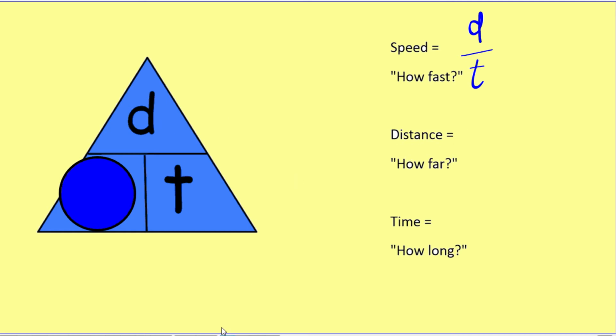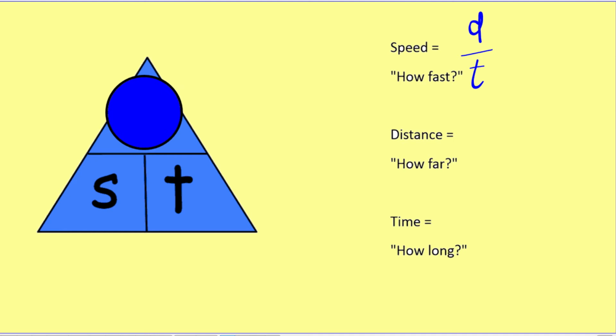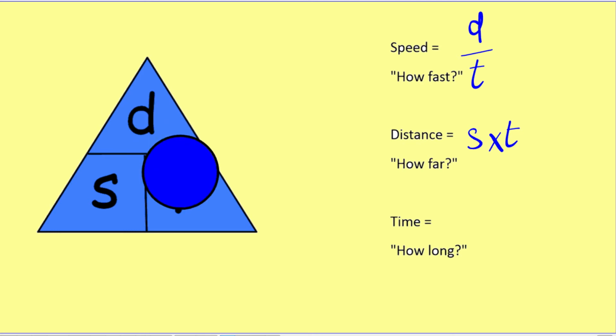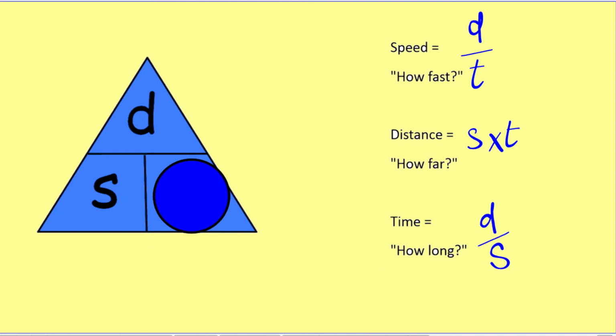If you move the circle over the D, we've got D, S, and T. So distance is speed multiplied by time. And if you wanted to calculate time, cover up T, we're left with distance over speed.